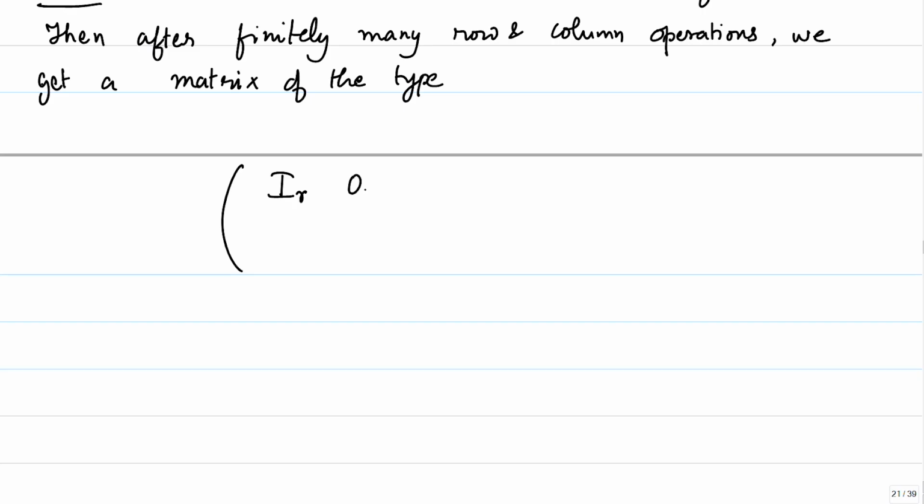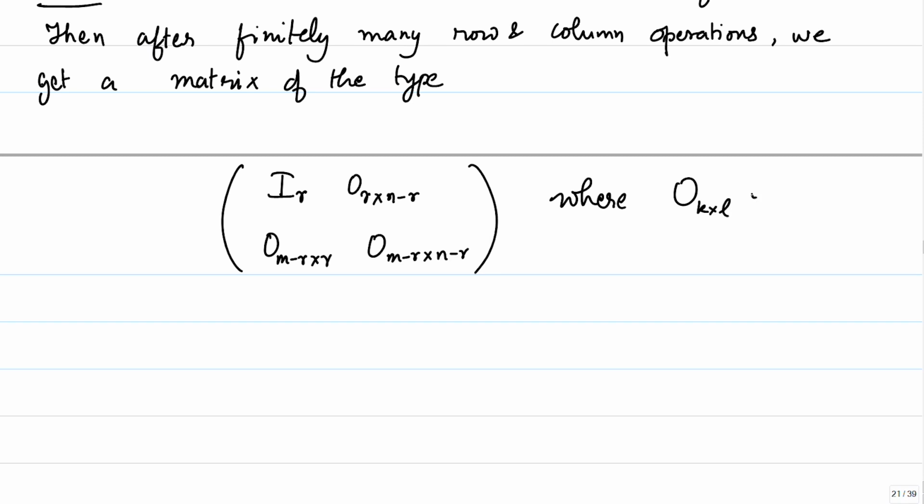This will be an r cross n minus r matrix. This will be an m minus r cross r matrix, and this will be an m minus r cross n minus r matrix, where 0 of size j cross l, k cross l is the 0 matrix of size k cross l. 0 matrix meaning all entries are 0.